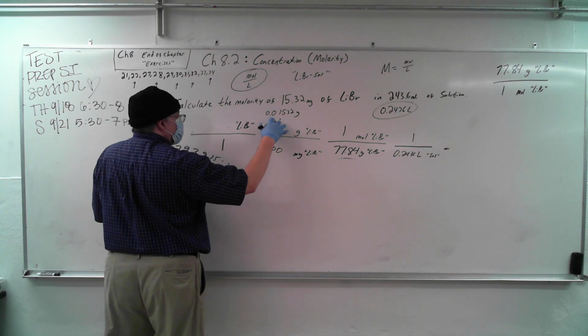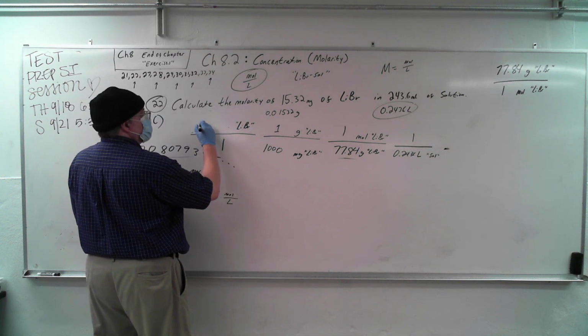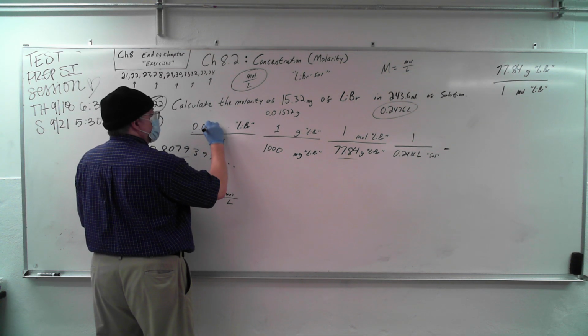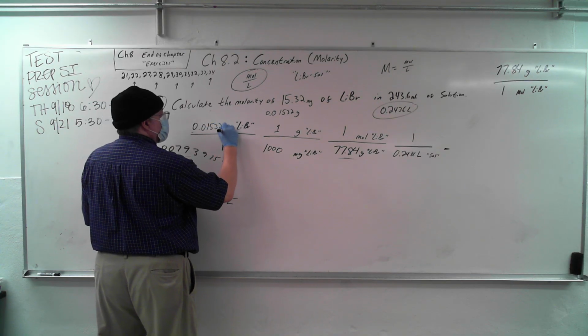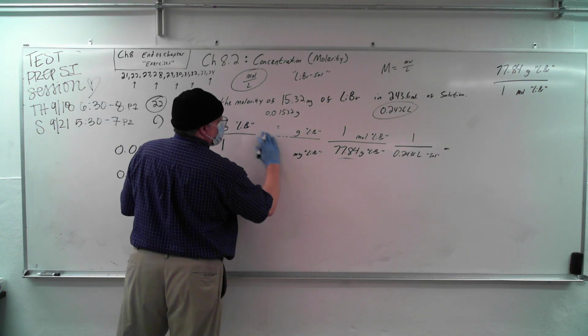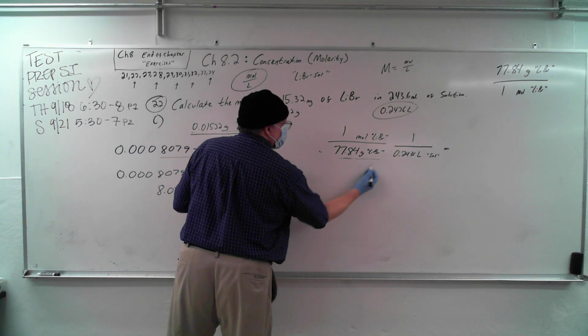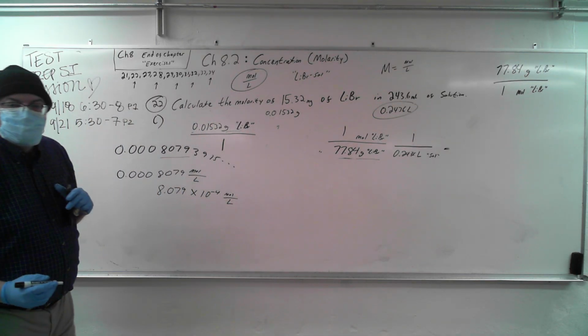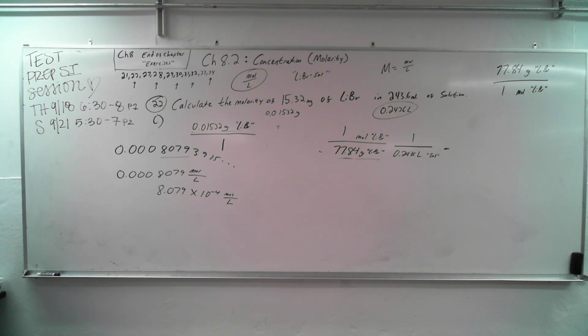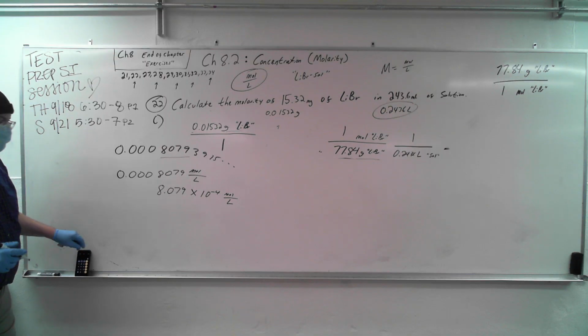If you just wanted to convert that and then stick it in, then you could go 0.01532 grams, and then you wouldn't need this. And then you've got grams of LiBr, grams of LiBr, it will cancel. So you can sort of preload by doing your conversions ahead of time. I like to stick it all in one equation just so it's all there on the board to see.